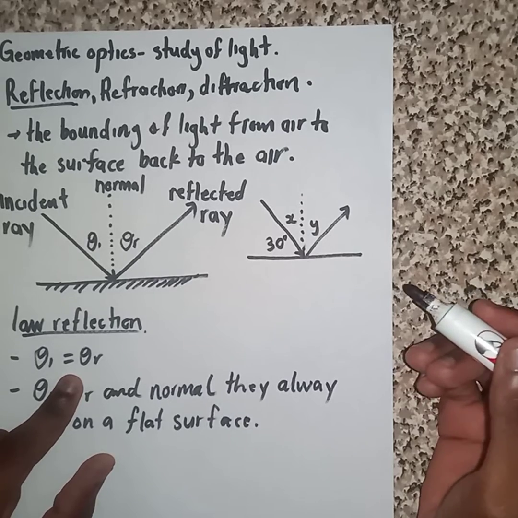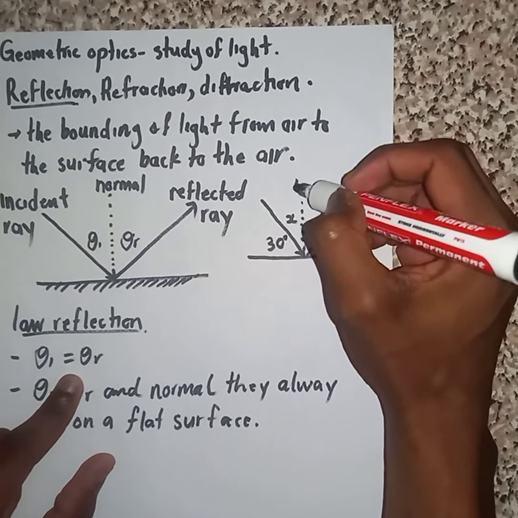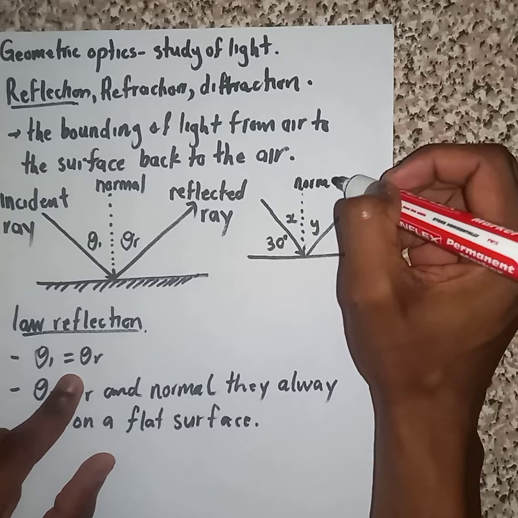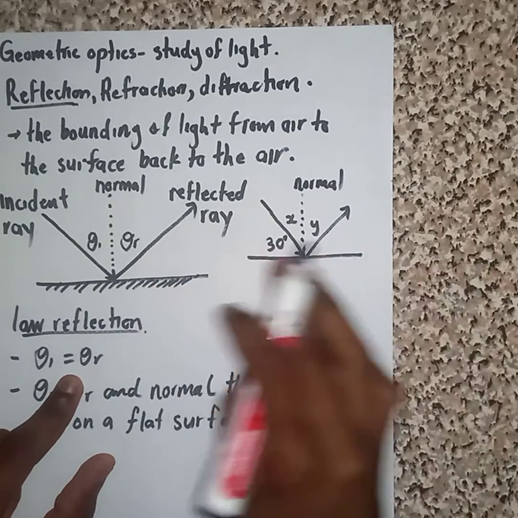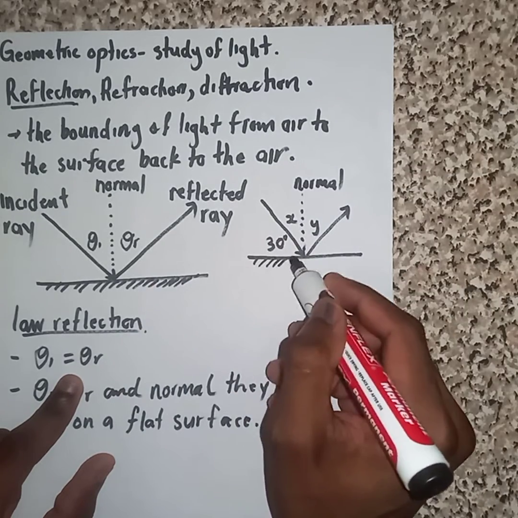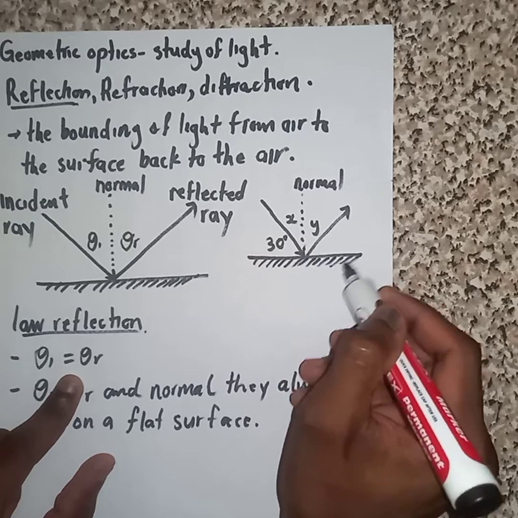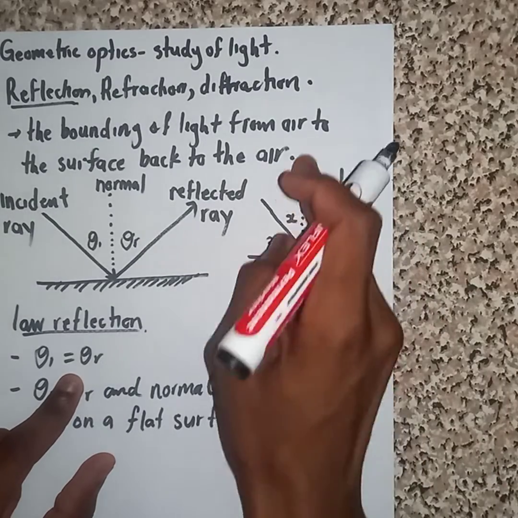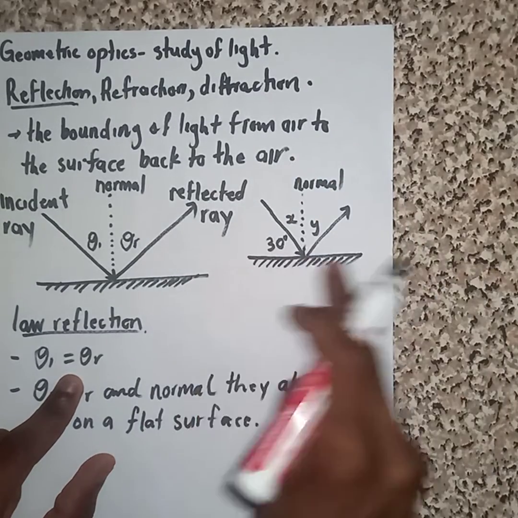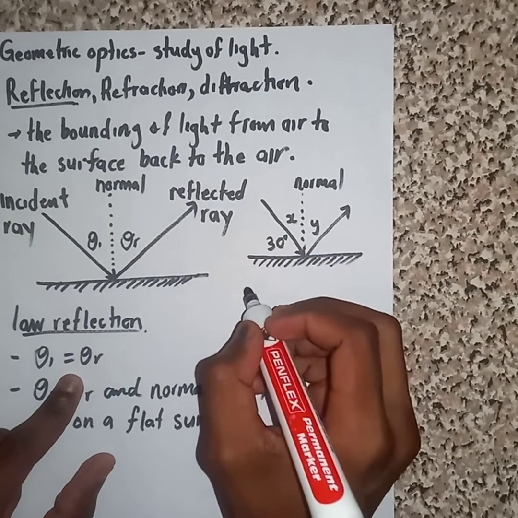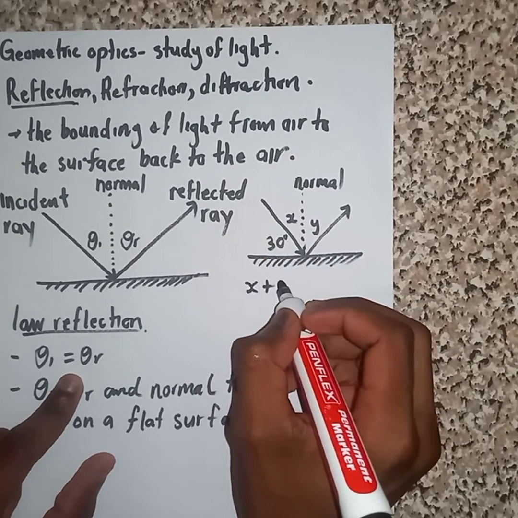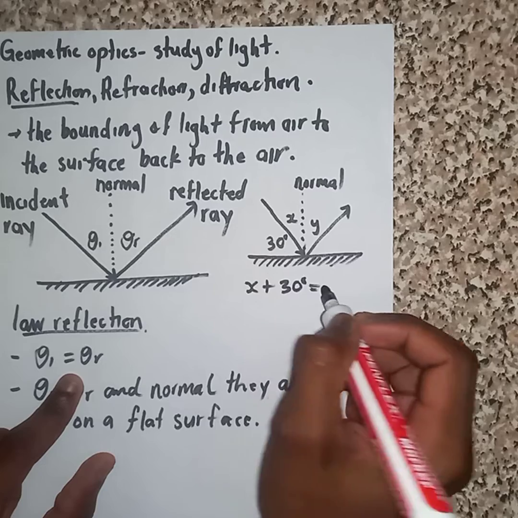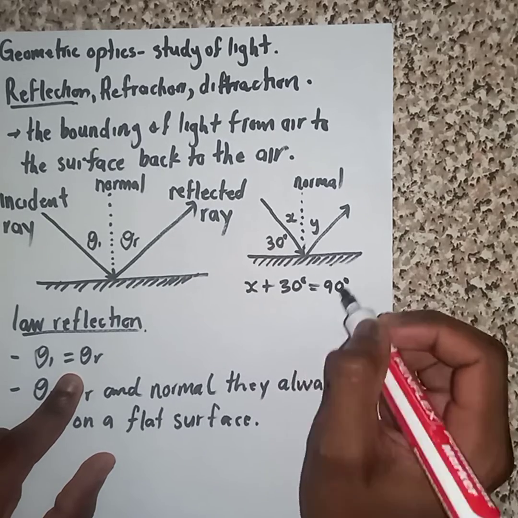We already know that if we have a flat surface like this, we will always have a normal, and the normal is always perpendicular to the surface. Clearly, you are going to have x plus 30 equals 90 degrees.